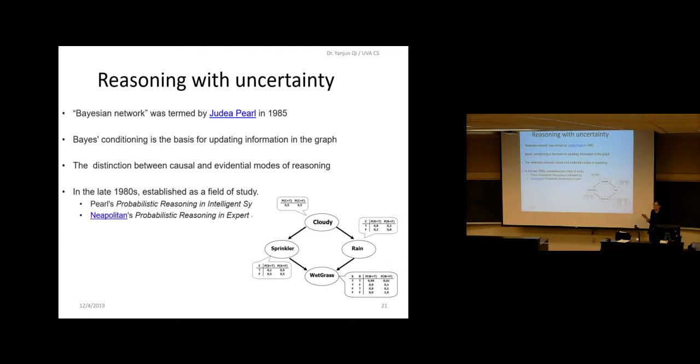He has a book called The Book of Why, if you care about causality and how to infer causal relationships from observational data. He summarizes the history and his method in it, and it's a masterpiece to read.